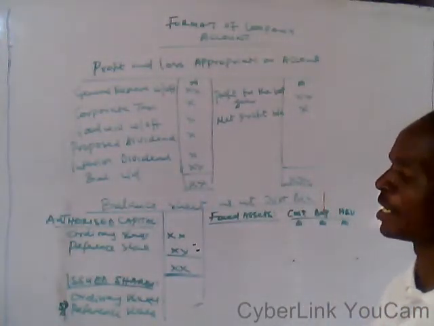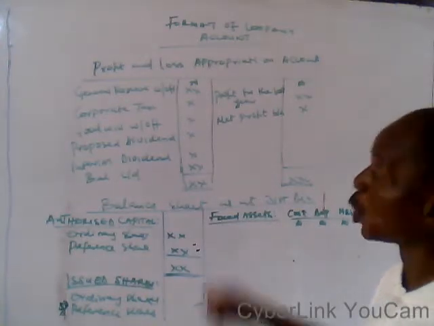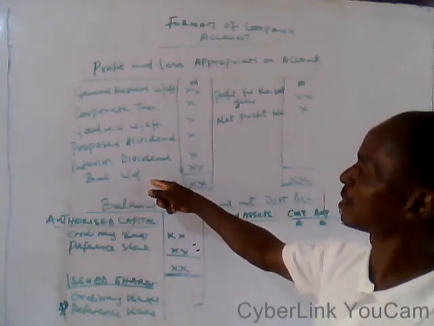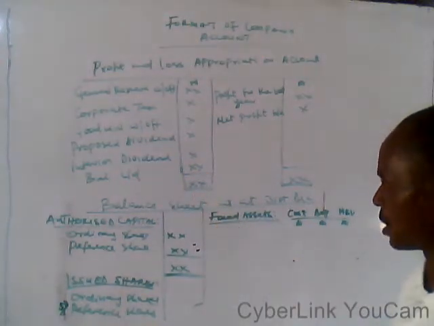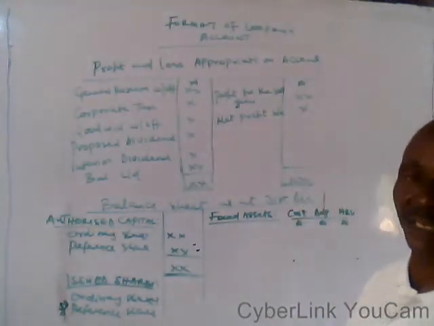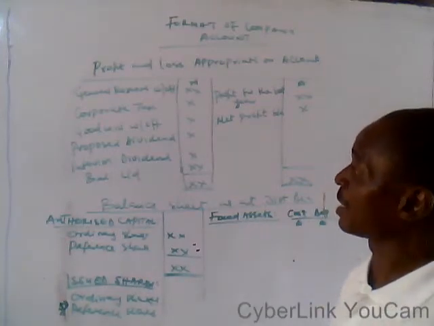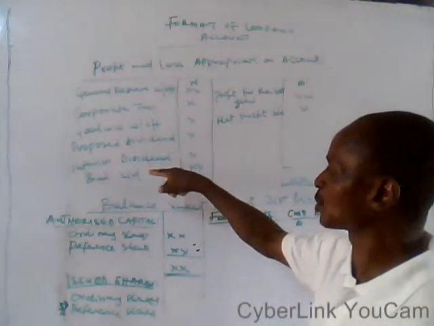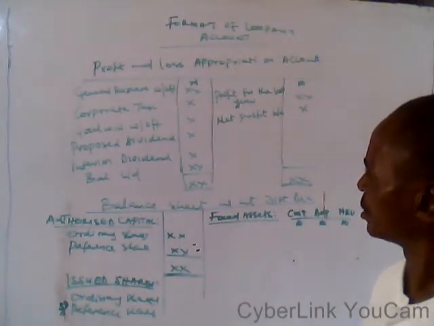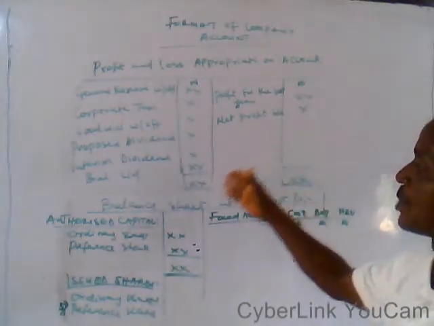The debenture is a loan acquired by the company, and it needs to pay interest on it, maybe every month, every year or quarterly. If the interest has not been paid up to date, the remaining interest that has not been paid will appear under additional information. That is why, when you have debenture interest accrued, you add it back to the debenture interest. That is the only thing. Then you total the expenses side minus the income side, and you have a net profit.